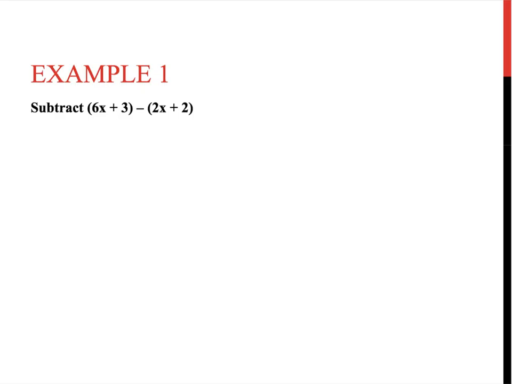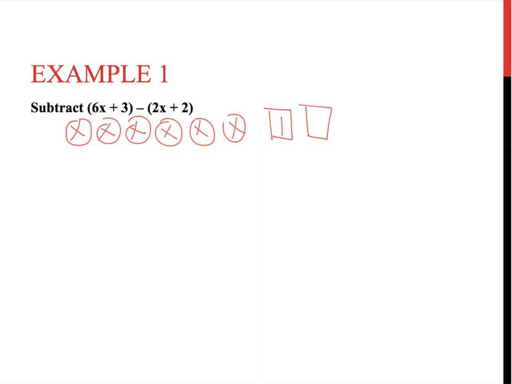First I'm going to show you on a model, and then I'll show you how to do it without the model. So let's take our model and model 6x plus 3. So we have 1, 2, 3, 4, 5, 6 x's, and 3 1's.